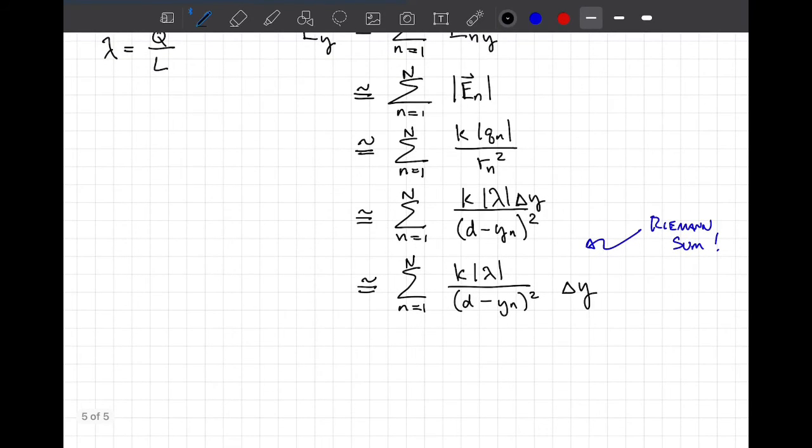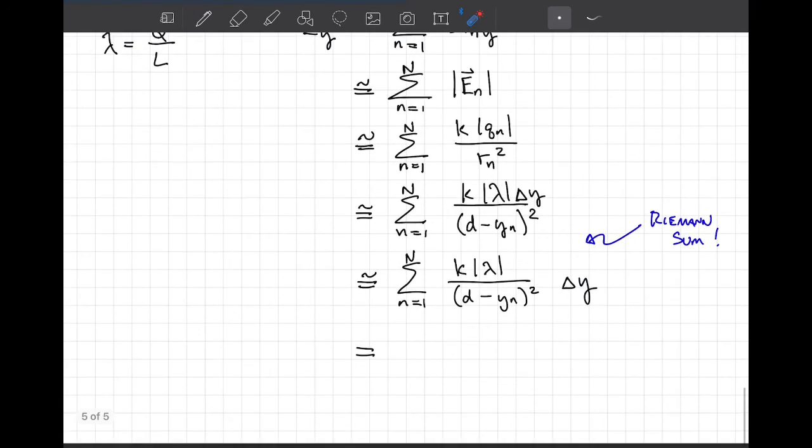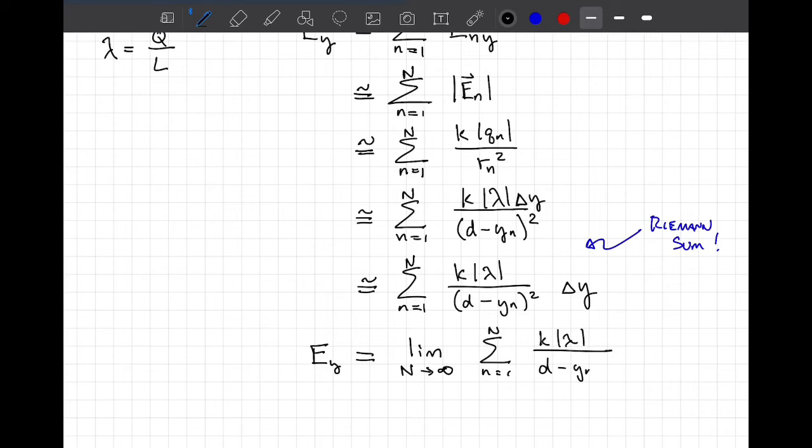Now that I know it's a Riemann sum, I can write it in the form that I'm most familiar with. All this time I've been saying EY is approximately equal to the sum, but now I can say that EY is exactly equal to the limit as the number of chunks goes to infinity of the sum. So I'm going to write out the whole thing again, just to be precise.